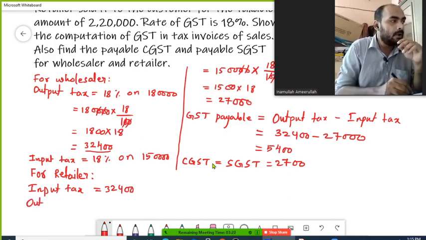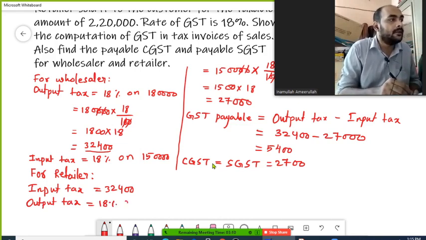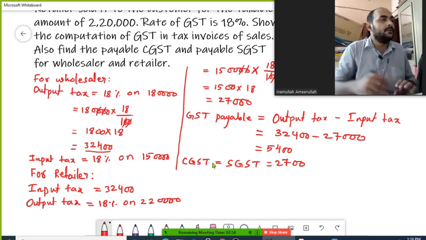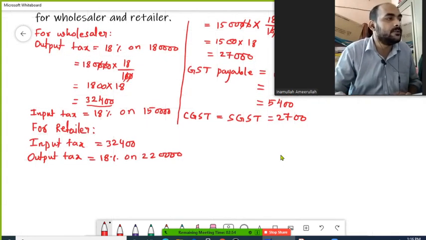Now we will calculate the output tax of the retailer. The output tax of the retailer is 18% on the sell amount, that is 2,20,000. So here we are going to calculate 18% on 2,20,000.